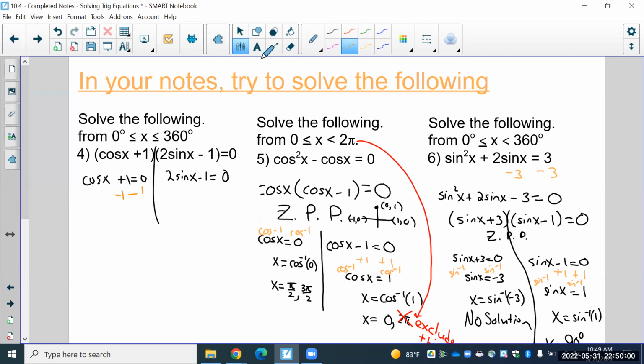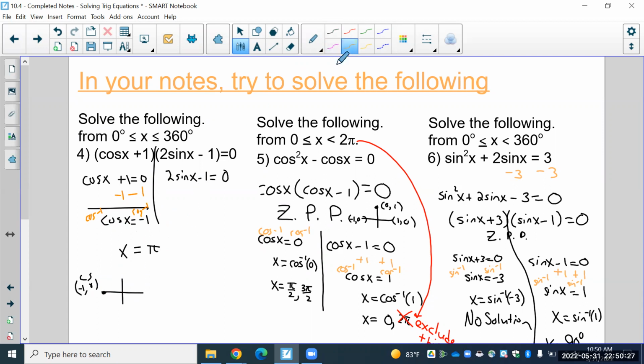So if I were to subtract 1 here, I would get cosine of x is equal to negative 1. And then if I inverse cosine this, what happens is I just say, where's cosine equal to negative 1? Eventually, you're going to get good enough to just know the answer to that is pi. Right now, you're probably going to have to draw a circle and label it, right? And that's why I got that answer right there.